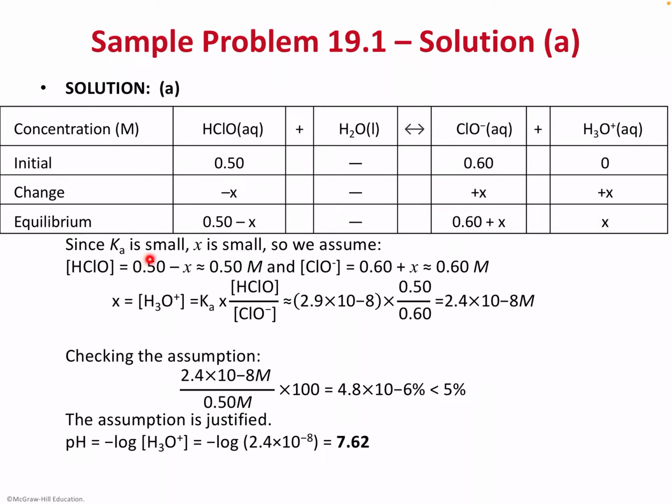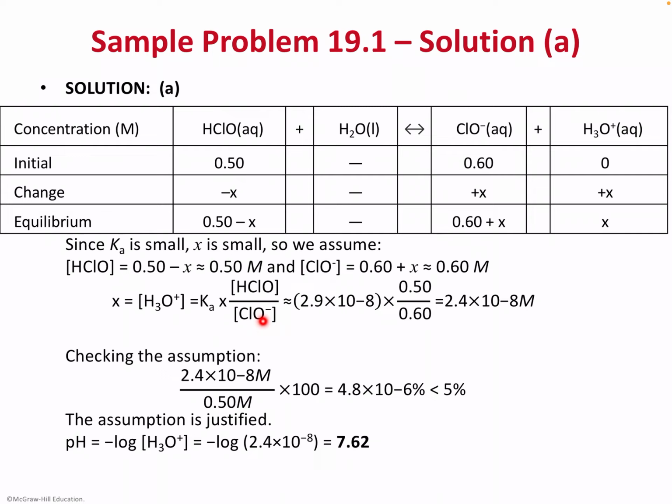So our goal is to find the hydronium ion because we want to find the pH. Since Ka is small, we can use the assumption X is small. So we assume 0.5 minus X is similar to 0.5, and 0.6 plus X is equal to 0.6. With that in mind, remember we came up with this ratio: hydronium ion equals Ka times acid over conjugate base.